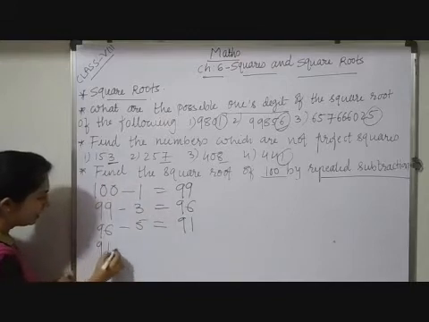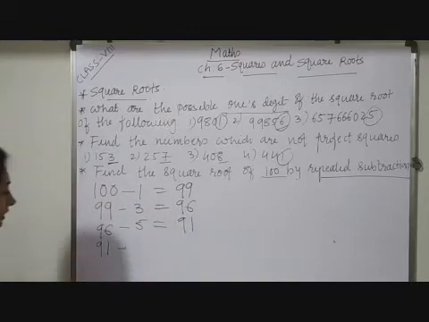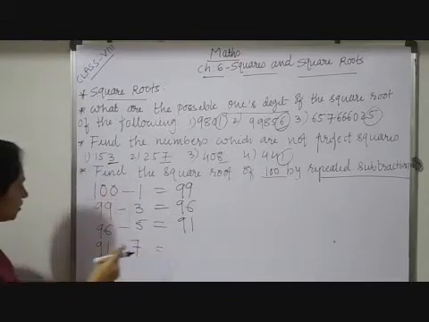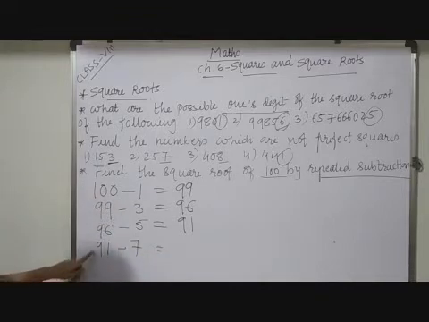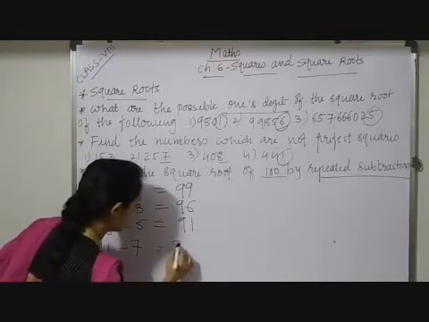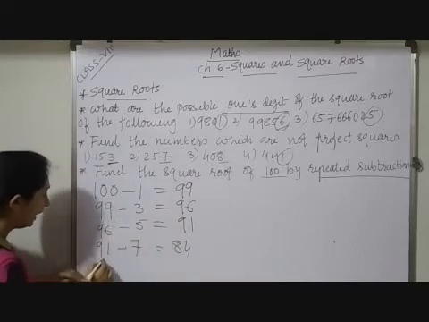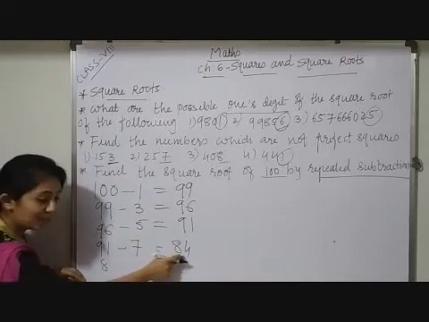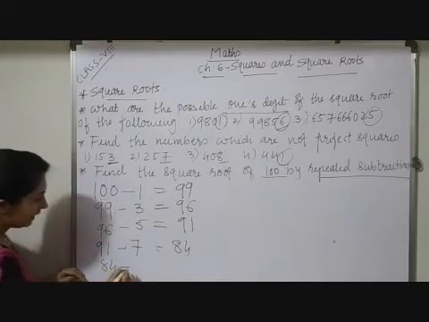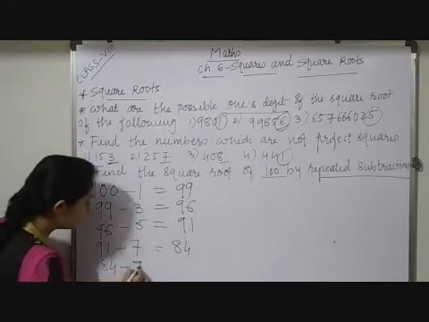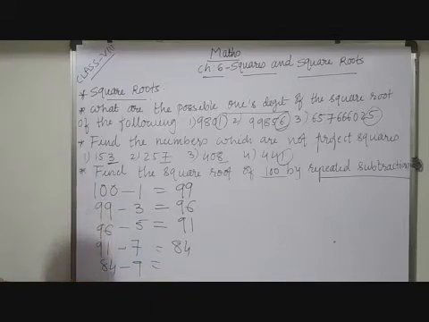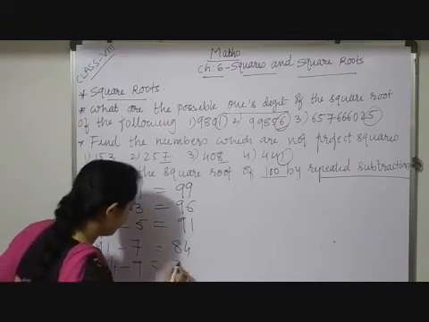So 91 minus the next odd number after 5, that is 7, gives 84. Now 84 will be your question. Minus the next odd number, that is 9. So 84 minus 9, you will get 75.